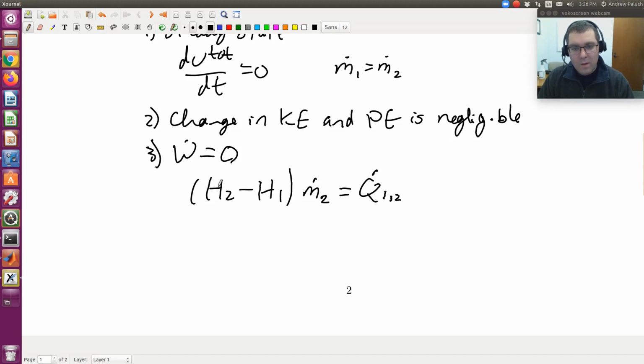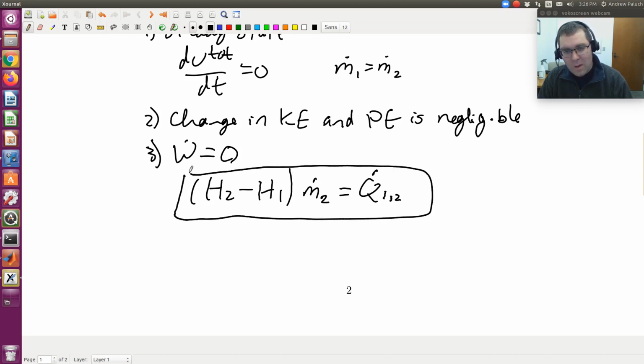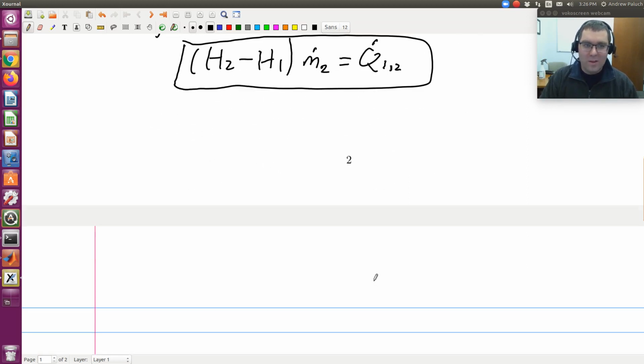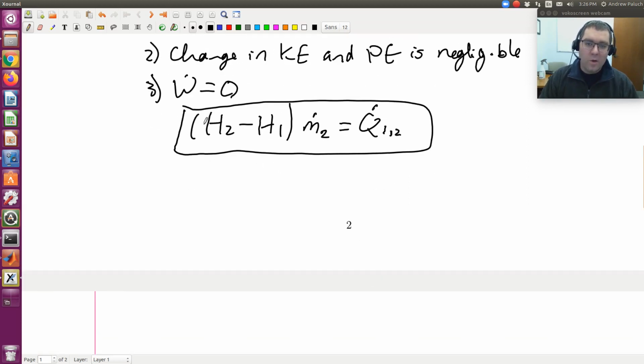Cool. So if I wanted to solve for the heat exchange, q dot, I could solve for it as such. What I'll need to do is work out my equations first, and then, actually, let's get everything first. So H2 and H1. I can get those from my steam tables.